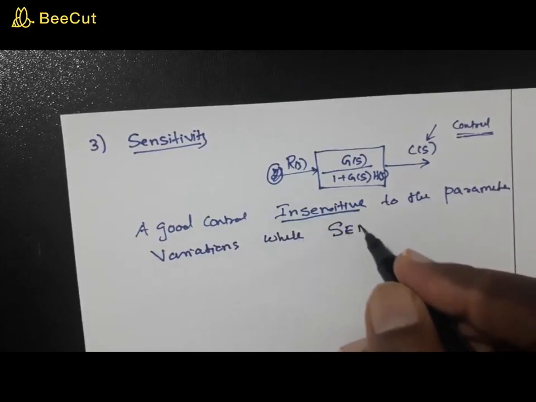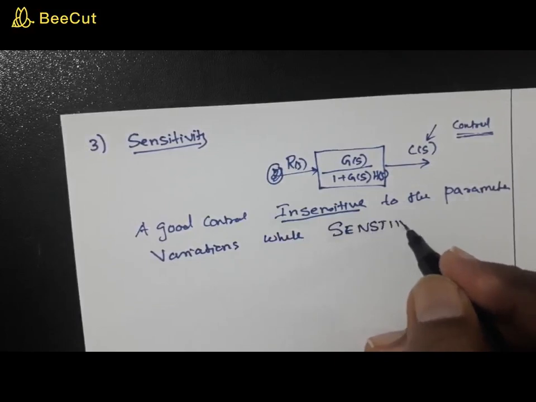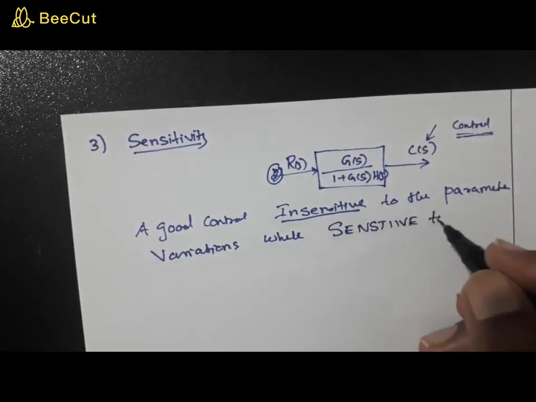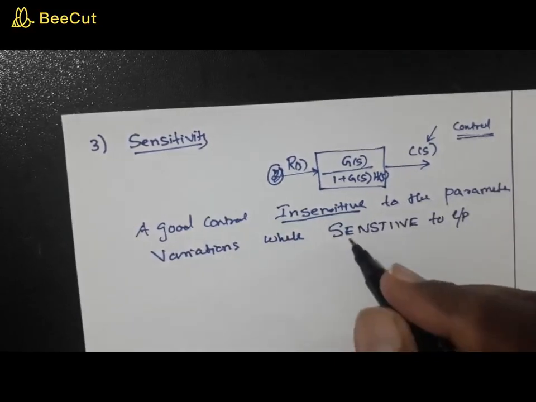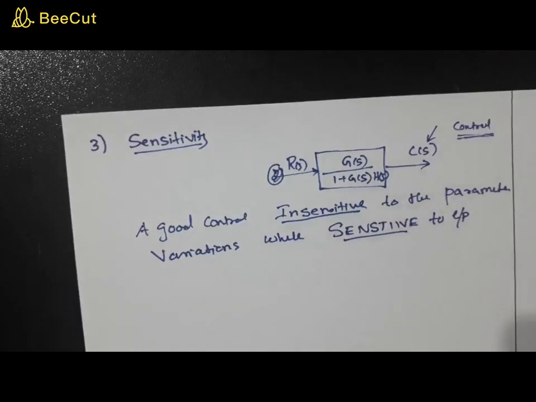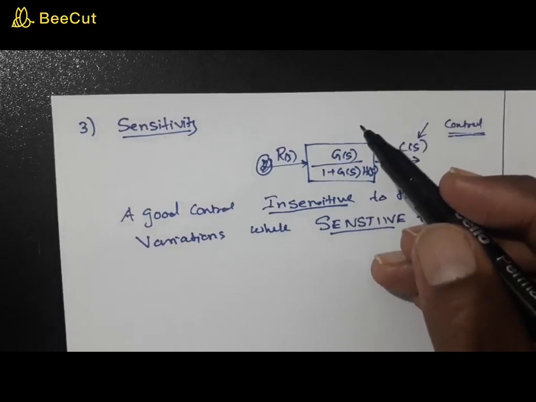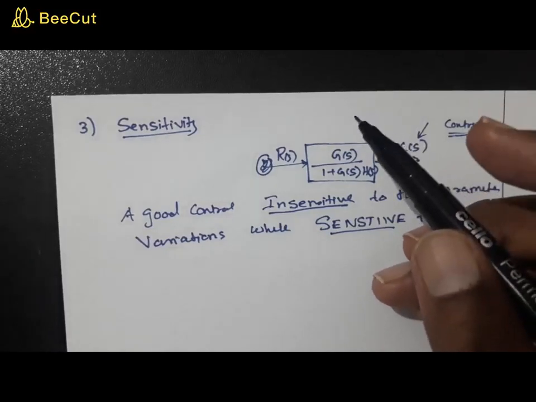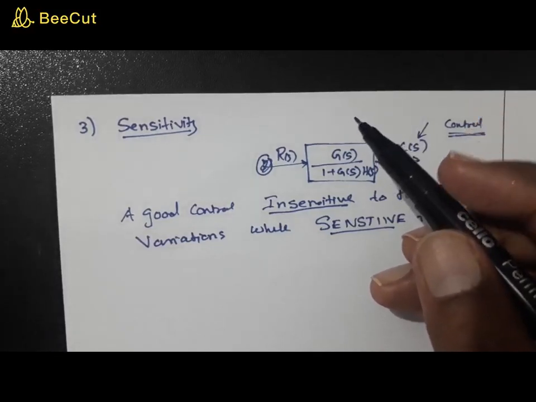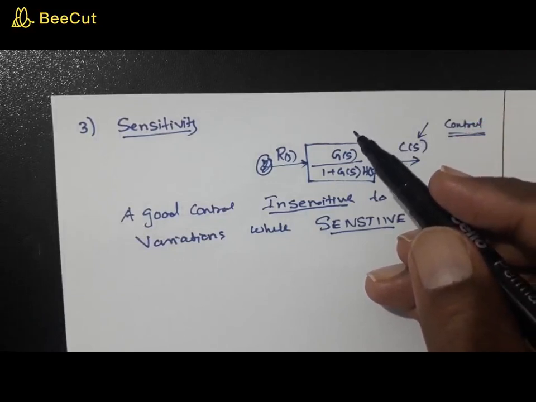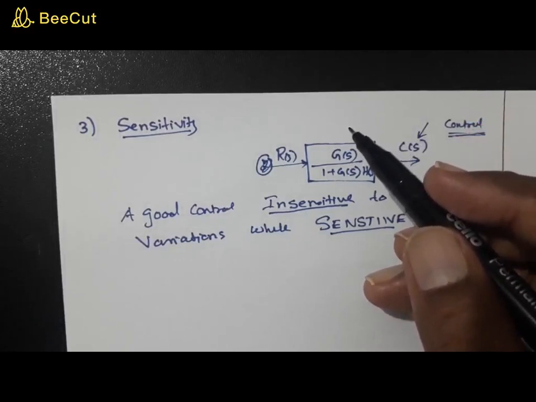Sensitive to input. Okay, two terms. One is it has to be insensitive to the parameter variations. So what is the meaning of that? By parameter variation it refers to, as you have studied in your basic electronics classes, many electronic devices depend on temperature, right?